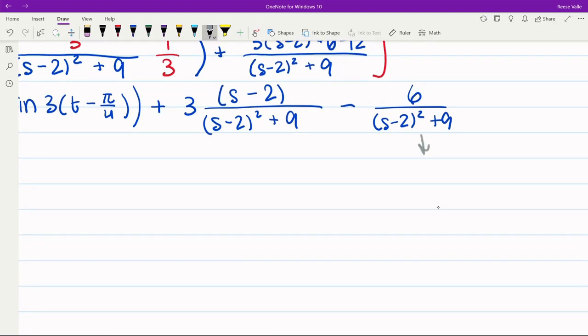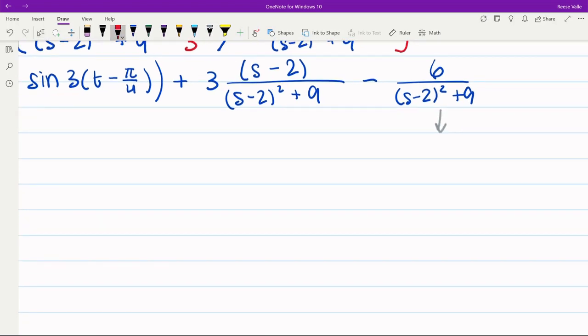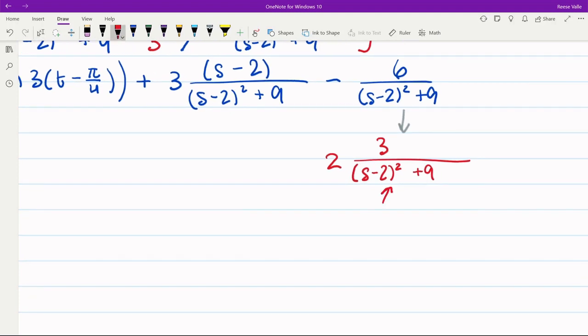You know that this guy, you can just make it 3 times 2 all over s minus 2 squared plus 9. And then if you factor out the 2 on the outside right there, this is just sine again.